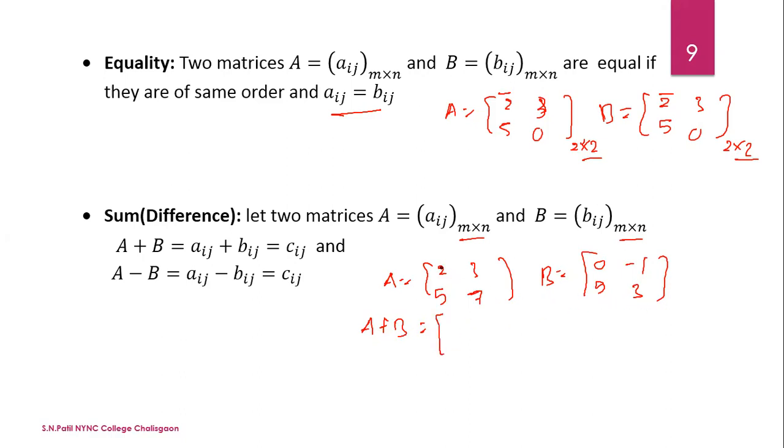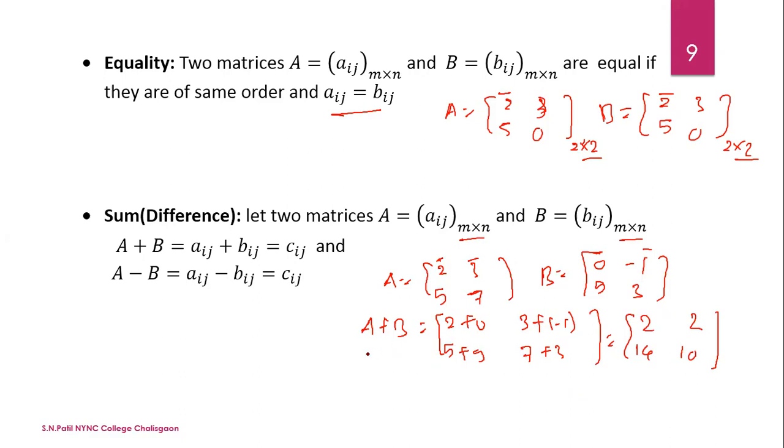Now the addition is the sum of the corresponding elements: 2 plus 0, 3 plus minus 1, 5 plus 9, and 7 plus 3. So we get 2, 2, 14, and 10. So this is the sum of the matrices. The same rule applies for the difference.